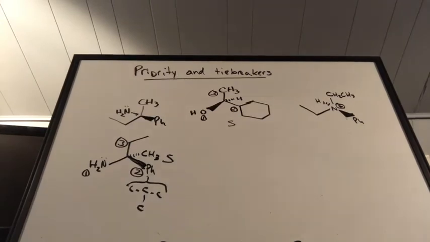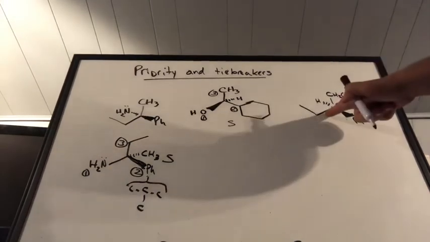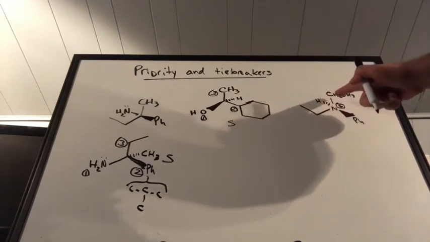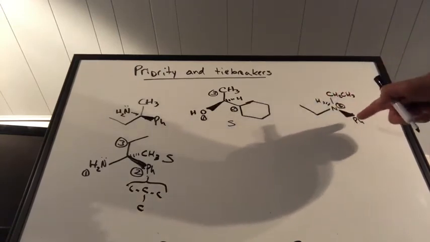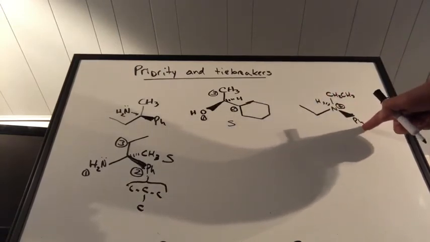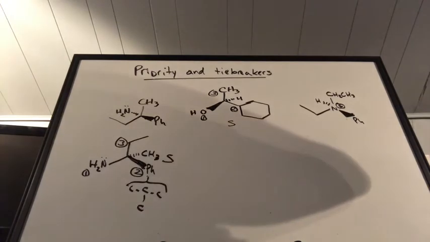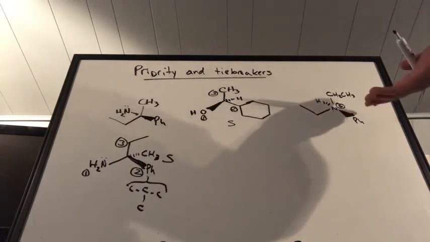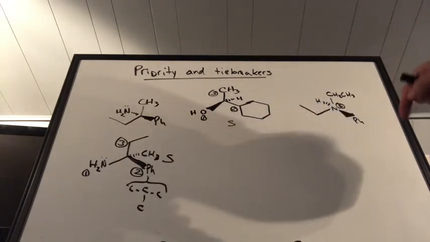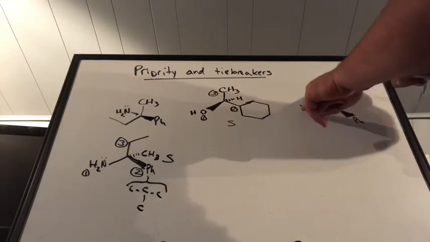And the last one is going to be a quaternary carbon. Now we have ethyl here, we have ethyl here, and then we have phenyl. And then we have hydrogen in the back. What's the issue? This actually isn't optically active at all, because these 2 are identical.